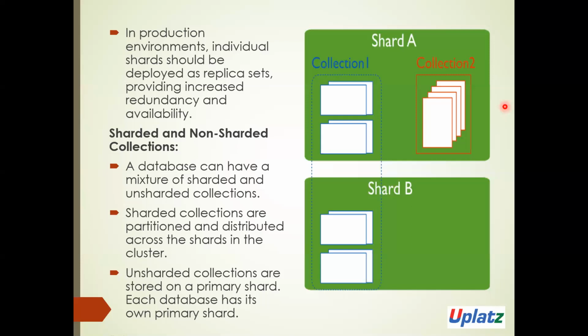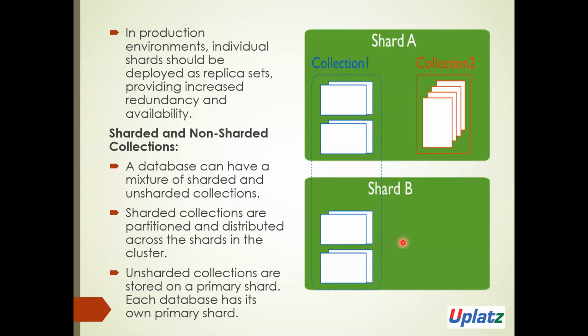A database can have a mixture of sharded as well as unsharded collections. A sharded collection is partitioned and distributed across the shards in the cluster, whereas an unsharded collection is stored on the primary shard, as each database has its own primary shard. So this is the example. Our sharded collection will be distributed across the sharded cluster.